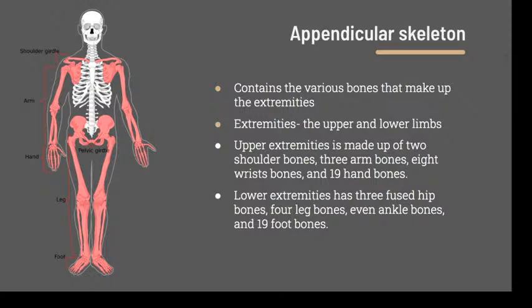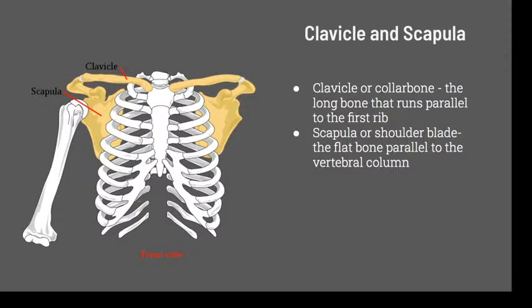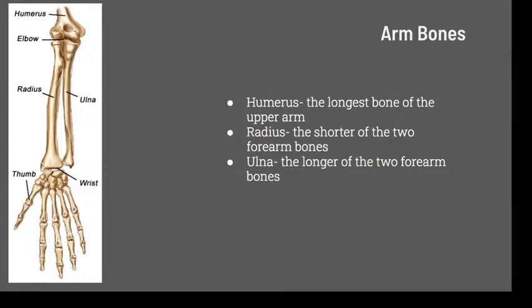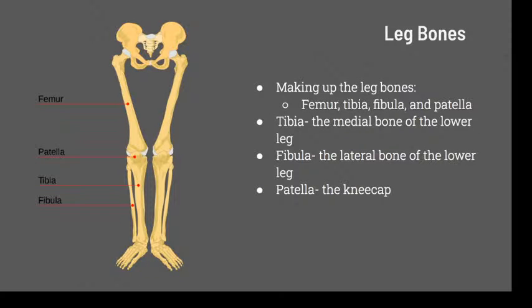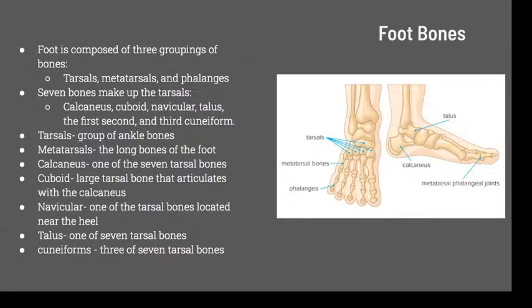In the appendicular skeleton, we have the lower and upper extremities, such as the clavicle and scapula, also known as the collarbone and the shoulder blade. Then we also have the arm bones, the hands and the wrist, the leg bones, which include the largest bone in our body, and the foot bones.